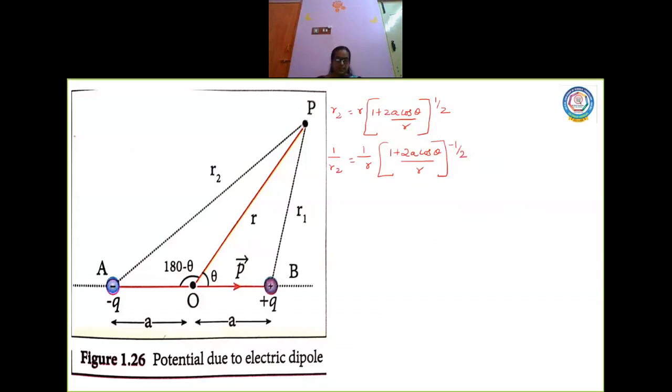Now again apply binomial theorem, but this time it is 1 plus x the whole power minus n, with the first term 1 minus nx. After simplification I have 1 by r2 to be 1 by r into 1 minus a by r cos theta. So this is the value of 1 by r2.